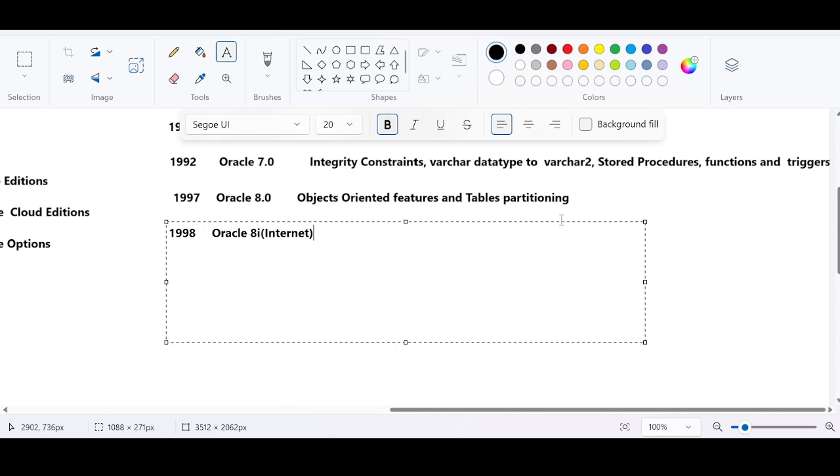Oracle 8i. The i stands for internet. In the 8i version, they introduced things like roll-up operations, and the size of the columns was increased.